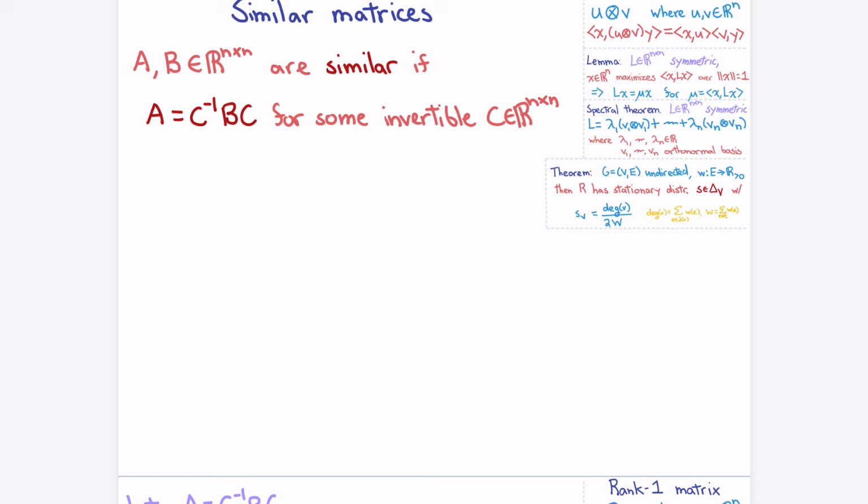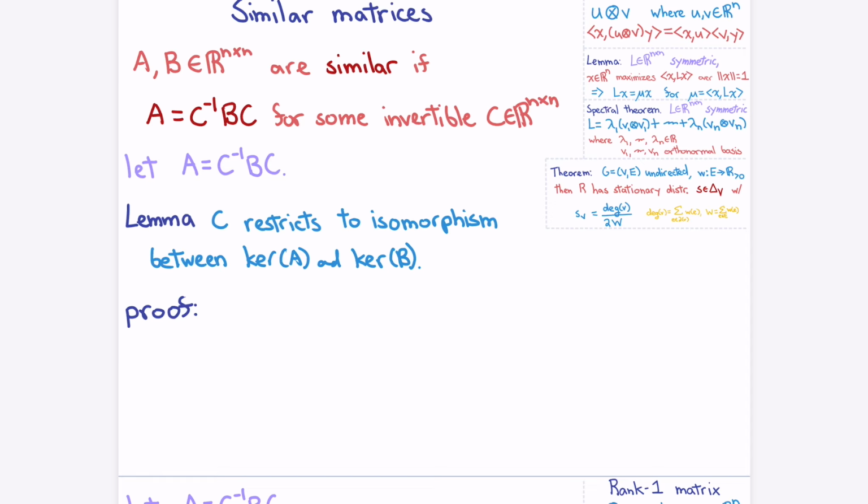You start in the A space, C takes you to a new space, you apply B, and then you map back with C. At some level, C preserves all information because it's invertible. That's one loose way of thinking about it. When two matrices are related by an invertible map like this, we call them similar.